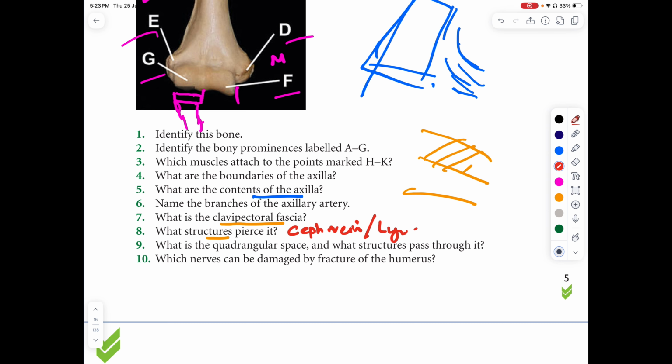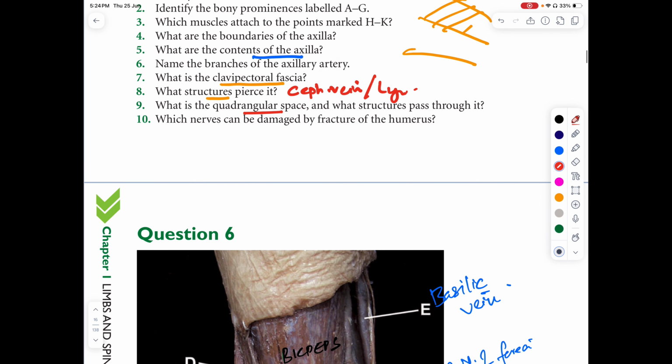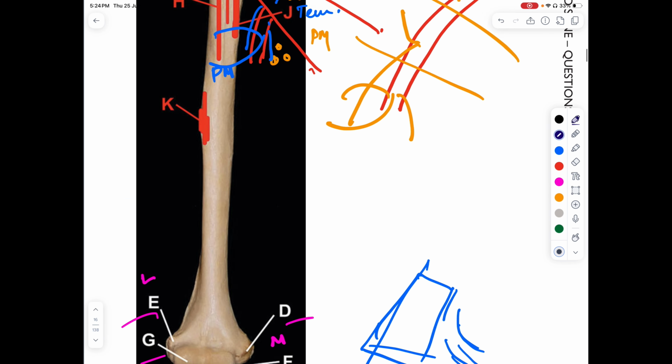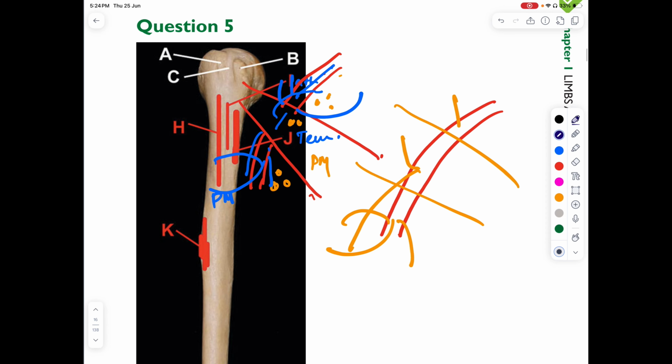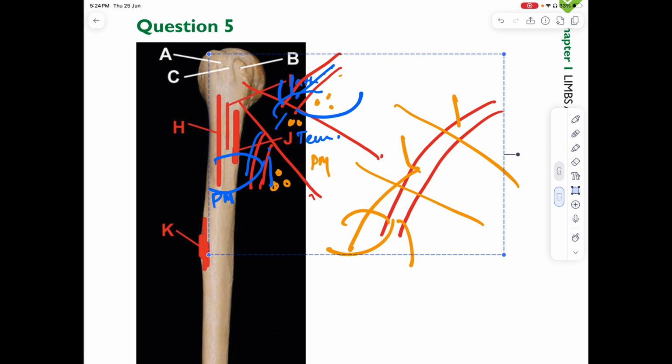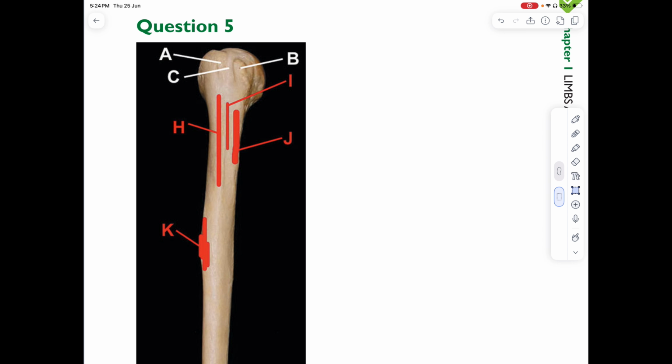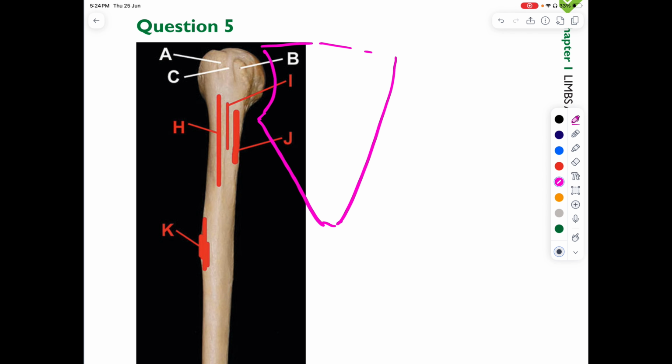Now the quadrangular space. Again, what is this? For example, if this is the scapula, if you see the scapula like this, this is anterior.